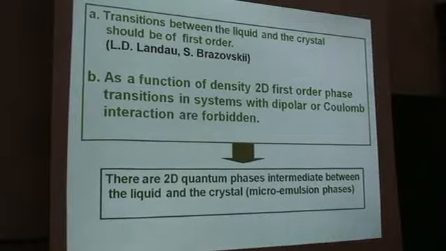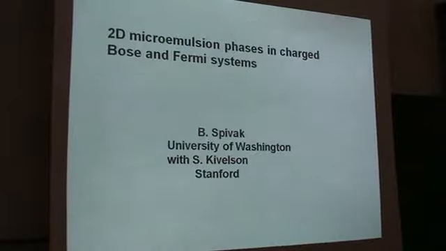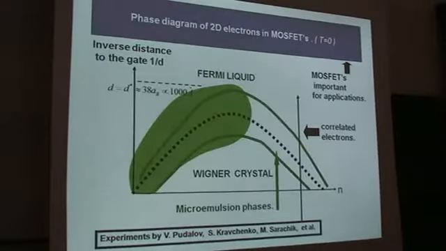We can discuss that. If you have an interaction which can be decomposed into a contact interaction plus a Coulomb one, that's exactly what lipid films on the surface of water have. Okay, but I'm not going to speak about this classical system. I'm going to speak about either two-dimensional electrons, or a Bose gas with dipolar interaction.